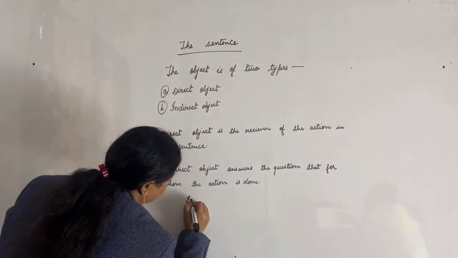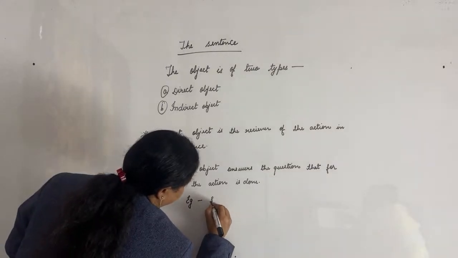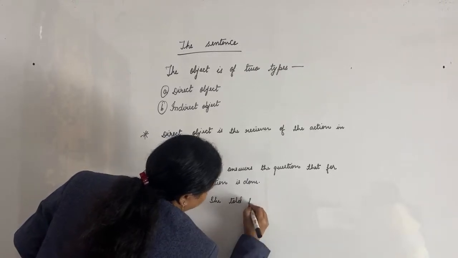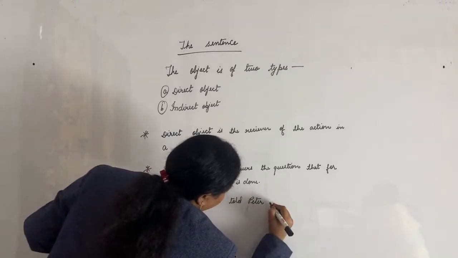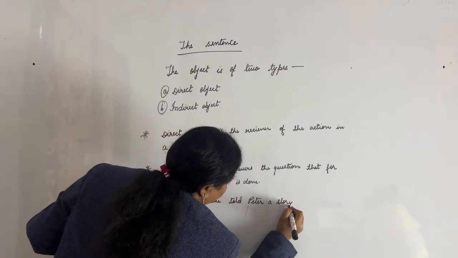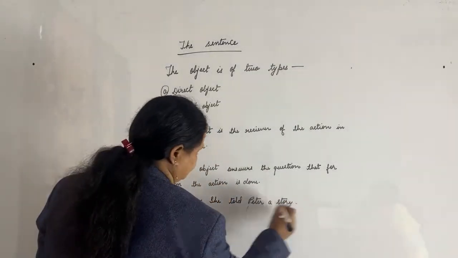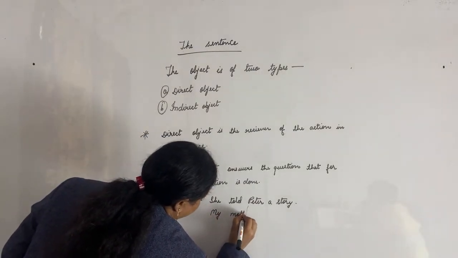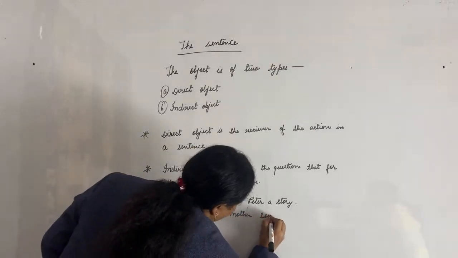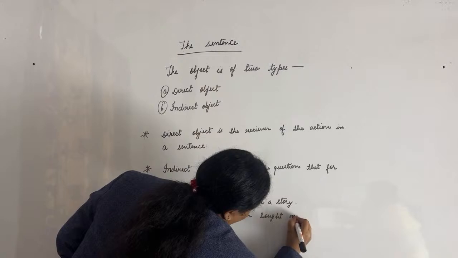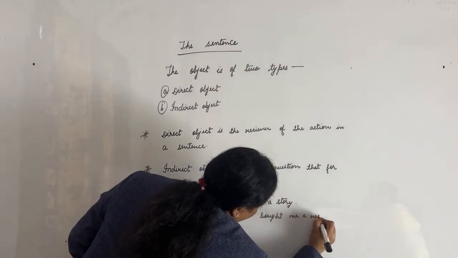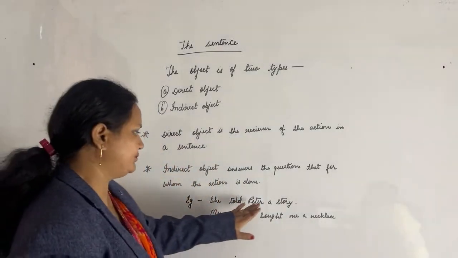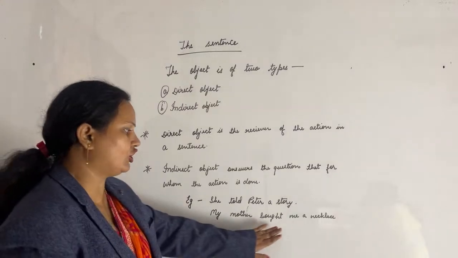For example, we can see: she told Peter a story. My mother bought me a necklace.